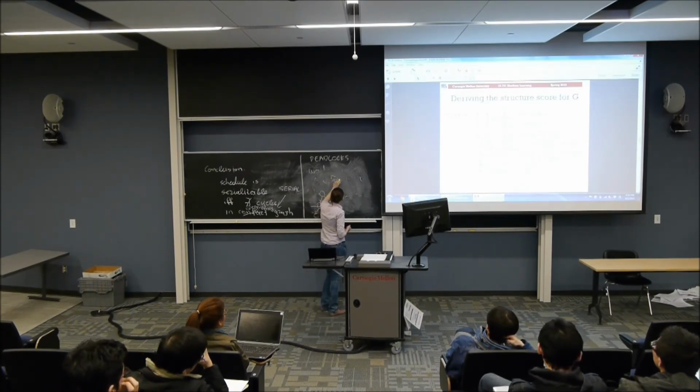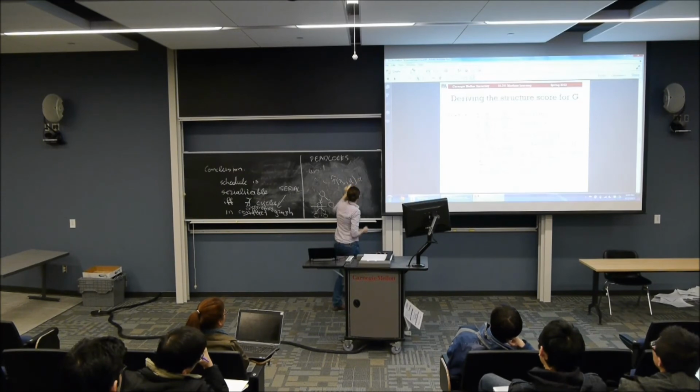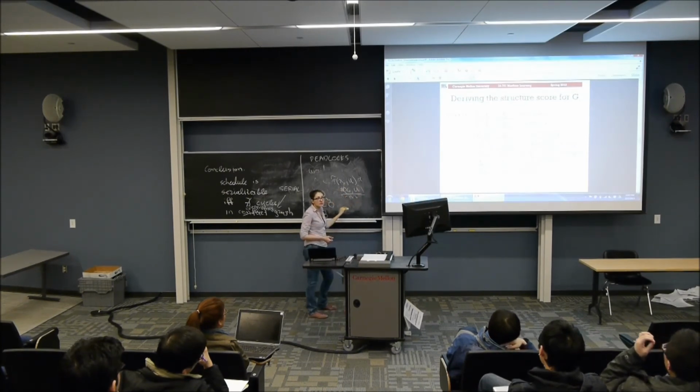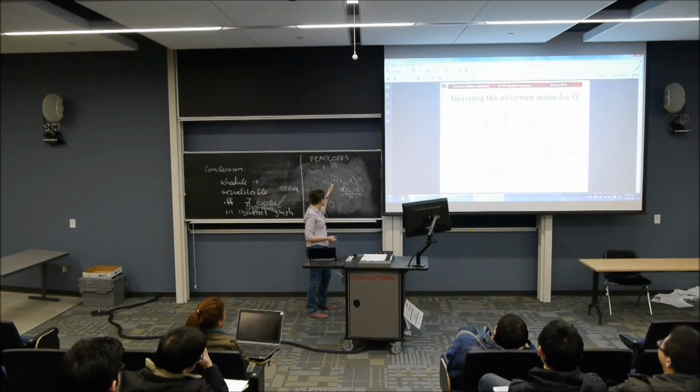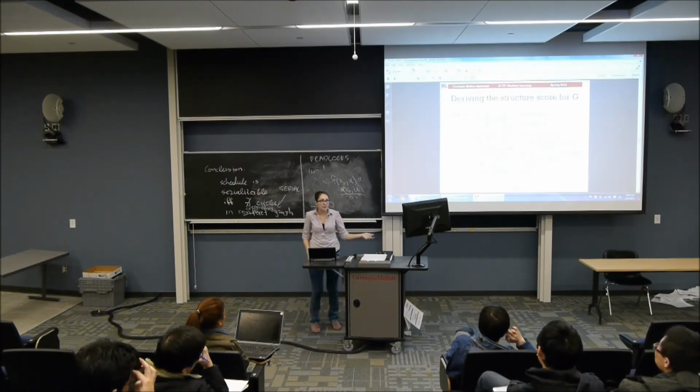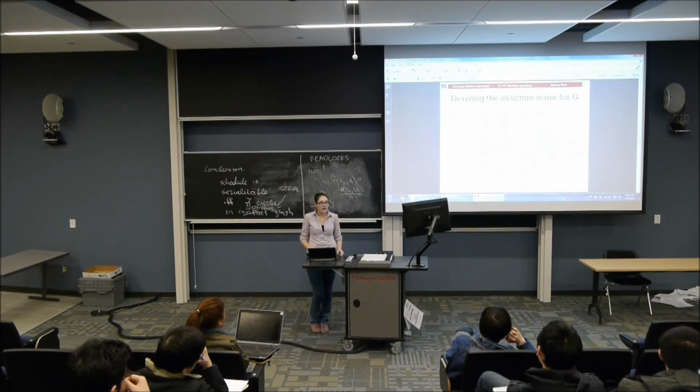P hat of xi and u is basically the number of occurrences of xi and u over m, where m is the number of samples. So you basically just count the occurrences and you get an empirical estimator for that joint distribution, and the same for the conditional distribution.